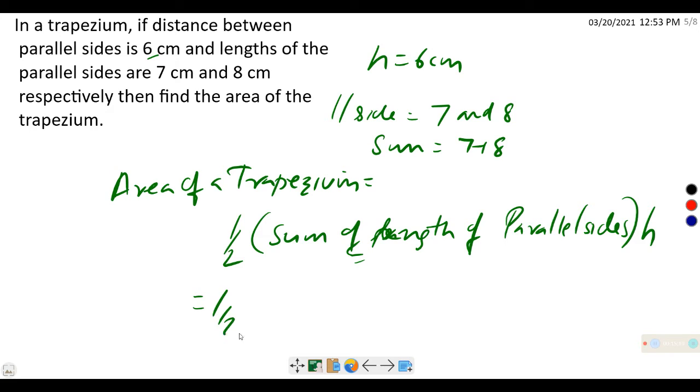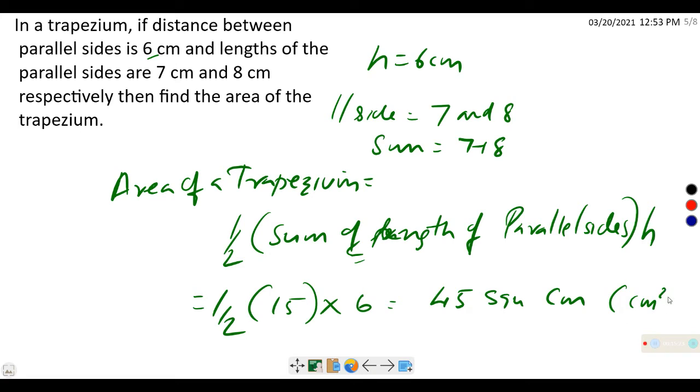So you'll simply substitute 7 plus 8, 15 here, and multiply by height, which is equal to 6, and the answer will be 45 square centimeter, or it can be written as centimeter square. So this question is very straightforward and simple. It won't always be like this, but this is the way by which we solve it.